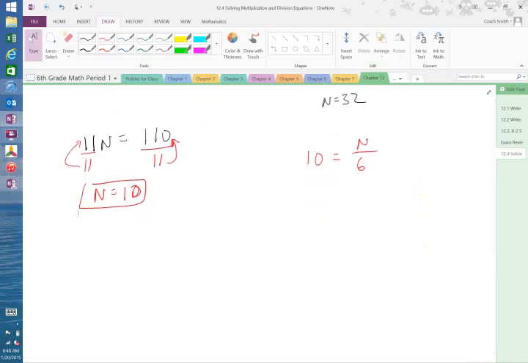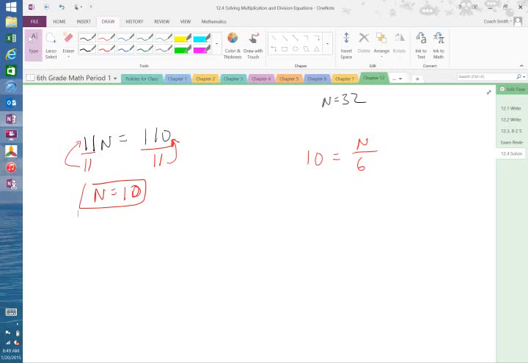Now, what about our division one? 10 equals n over 6. 10 equals n over 6. Let's see, who else wants to volunteer this morning? Michael, what do we do? Did you get an answer? What did you get? 60 is correct.